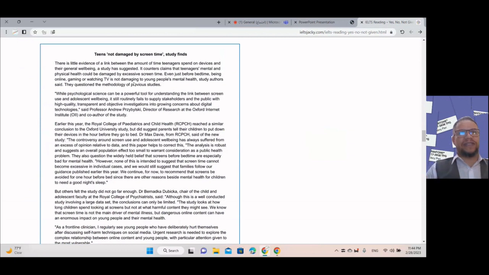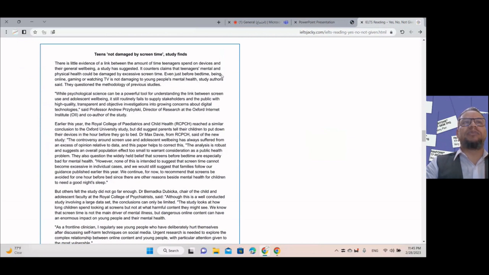So maybe I will say yes now, but I have to read first. Is it the same meaning as the statement: viewing an electronic screen is harmful before sleeping at night? Damaging is here. It says watching TV is not damaging to young people's mental health.